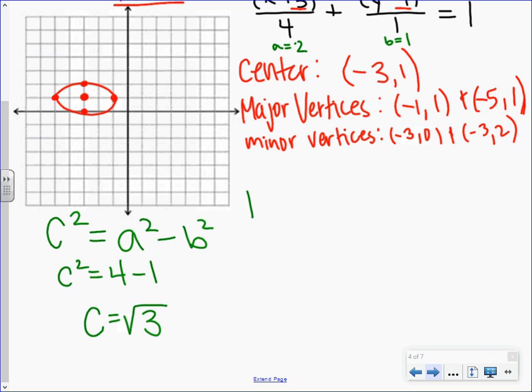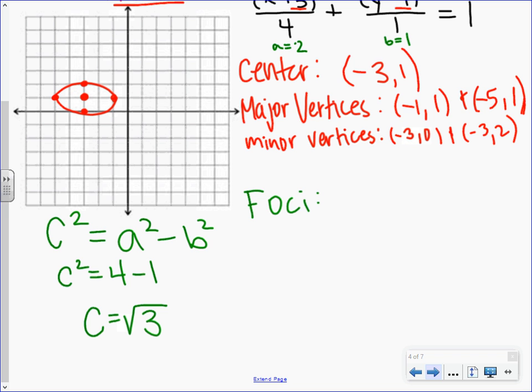So our foci are going to be radical 3 away. I want you to leave it as radical 3. I know it's an irrational number, but we know radical 3 is roughly between which two numbers? 1 and 2. Radical 1 is 1, and radical 4 is 2.